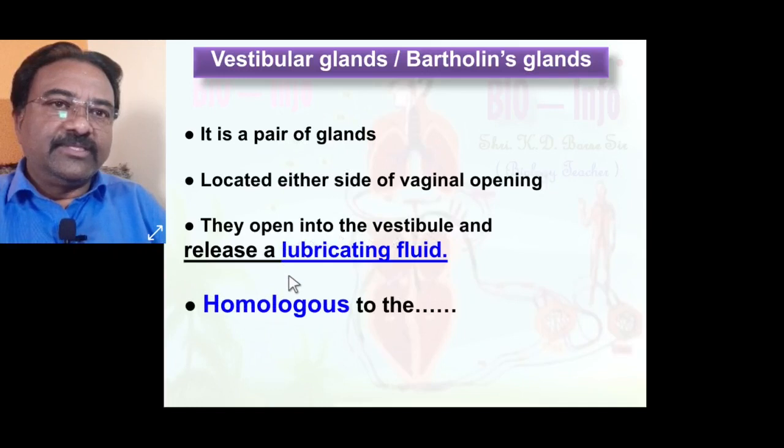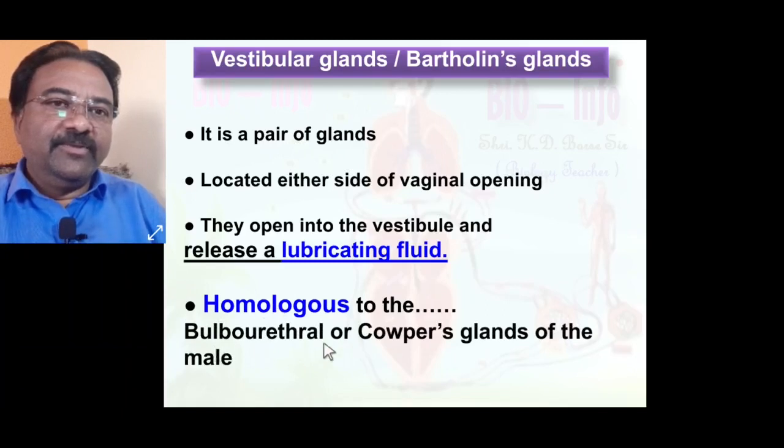So vestibular gland is homologous to the bulbourethral or Cowper's gland of the male, because in the male the Cowper's gland or bulbourethral gland also secretes lubricating fluid. So both glands secrete the same type of fluid, hence they are homologous with each other.